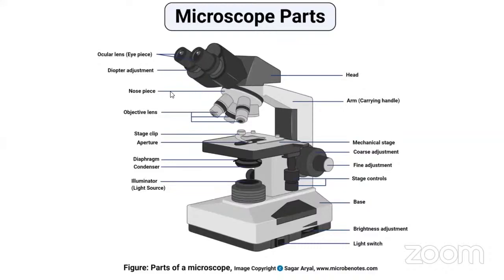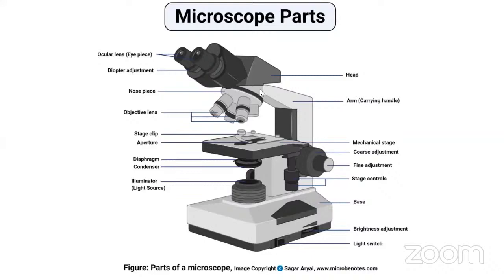Then there is a round circular portion called the nose piece, which is attached to objective lenses, and these objective lenses are of various sizes, starting from 10x, 40x to 80x, 100x.